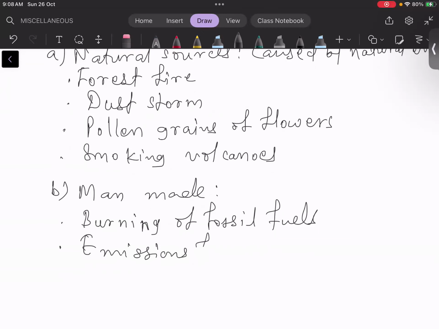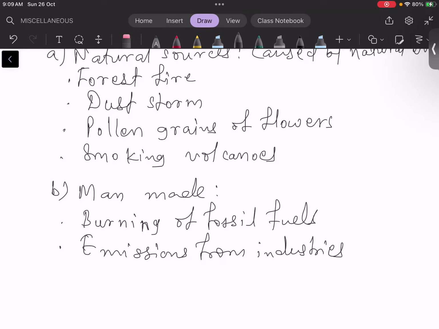Industries release toxic gases like SO2, NO2, chlorine, then H2S. So several gases are evolved from industry. They are called what? Emissions.